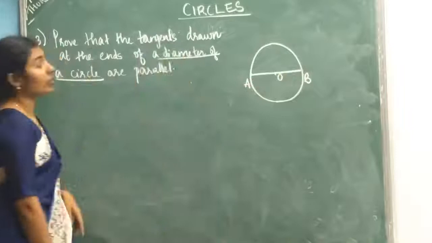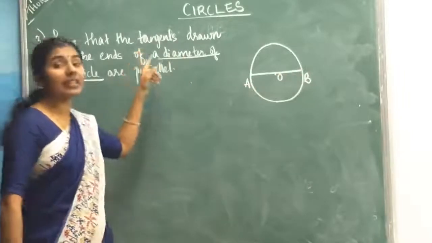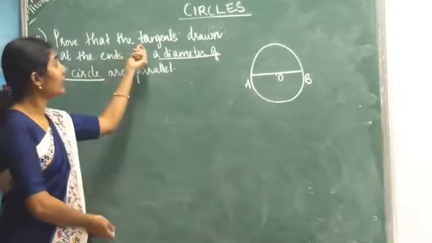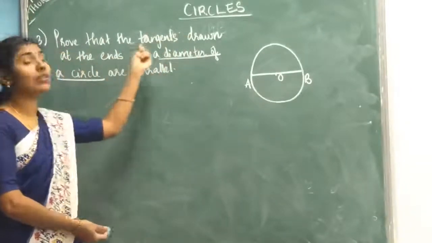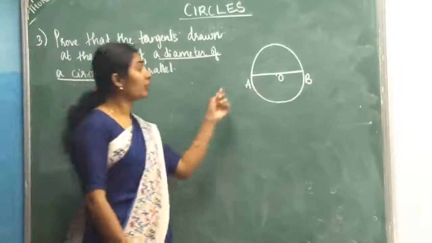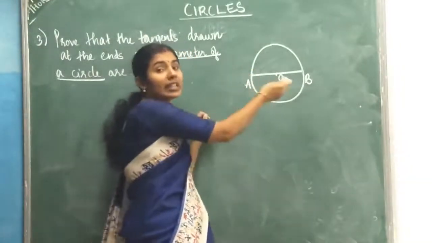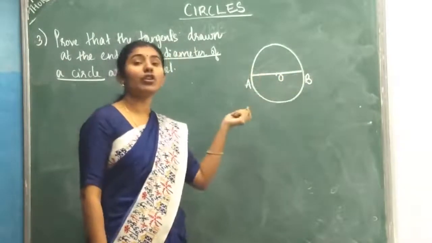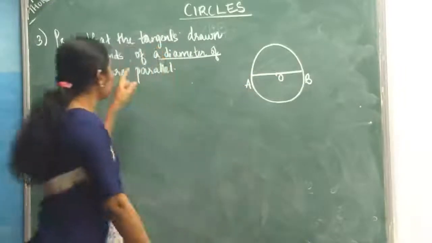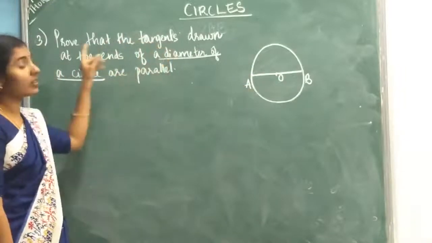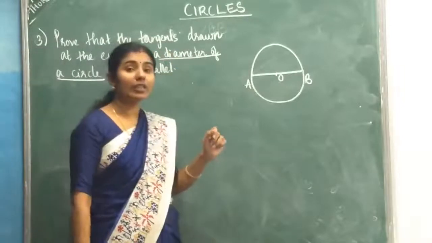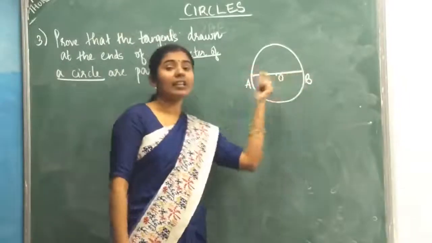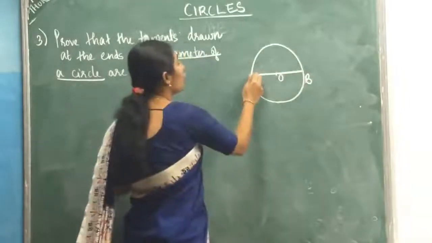Now again read the question. Tangents drawn at the ends of a diameter. So what do you want to draw? You should draw tangents at the ends of the diameter, that is A and B. So at these ends you should draw two tangents.